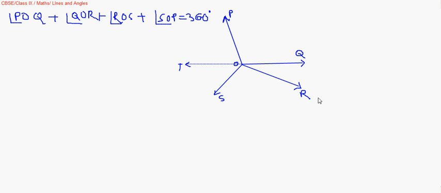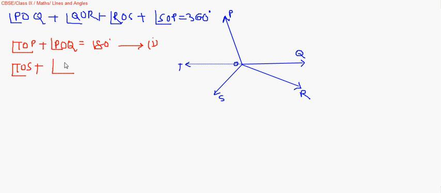So I write that as my first equation, that TOP plus angle POQ is 180 degrees. Similarly, TOS plus SOQ will also be 180 degrees again.